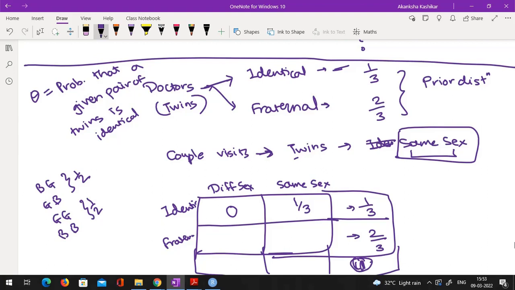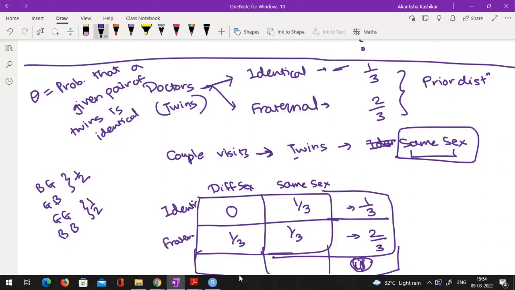So half of this 2 by 3. Are you following what is happening here? Yes, ma'am. So half of this would mean this is 1 by 3, this is 1 by 3.